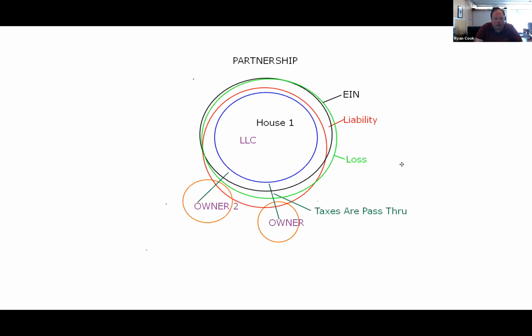They have all the tax benefits of it. They file a 1065, just like a partnership, and they run it like a partnership. Does one own 50% and the other one 50%? Does one own 49.5 and one own 49.5 and one own 1%? Because you can have 3 partners. And that's how it works.